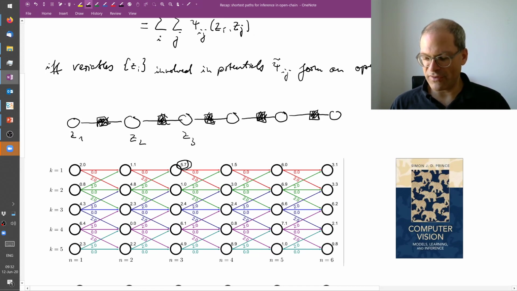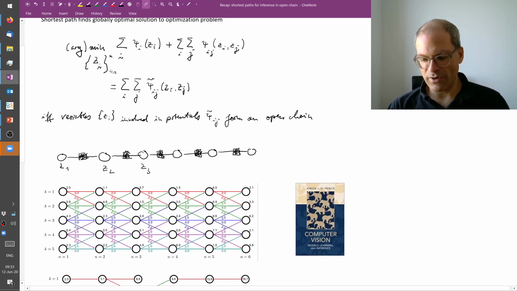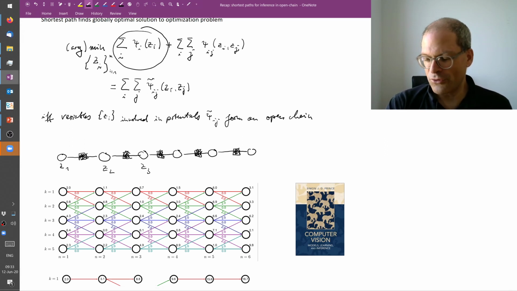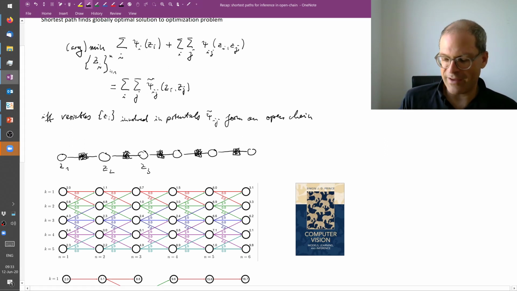So 5.7 or 1.0, 2.4, this was the unary cost associated with variable z3 taking on its state 1 or 2 or 3. So these would be the unary costs, and last time we saw, for example, in this matching problem of stereo images, how these unary costs arise, how they are informed by the image data.